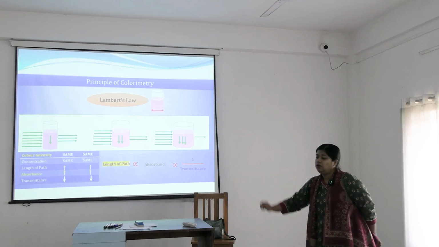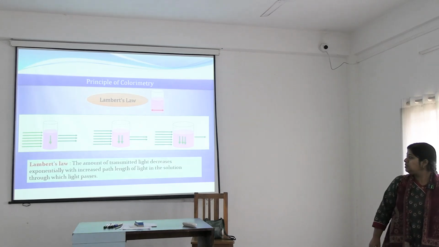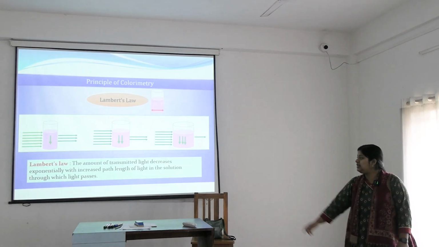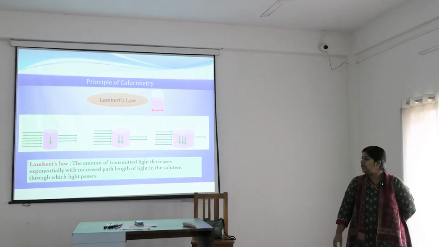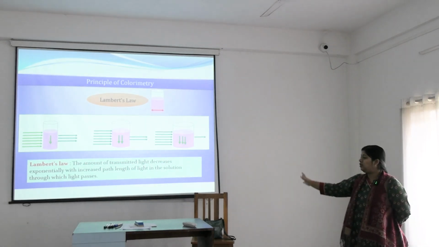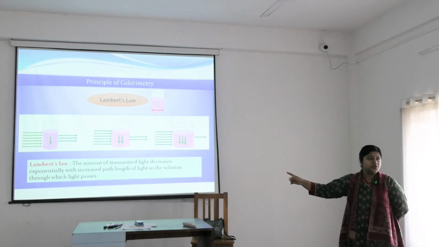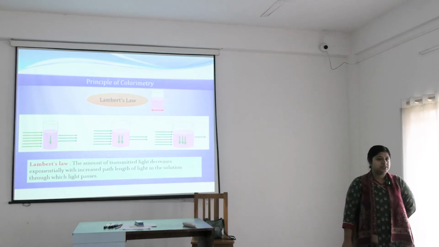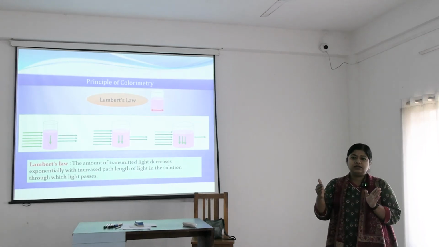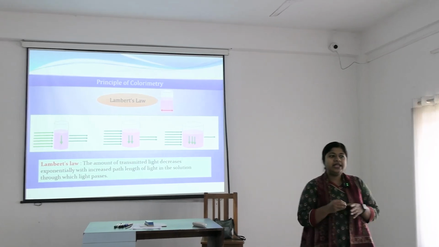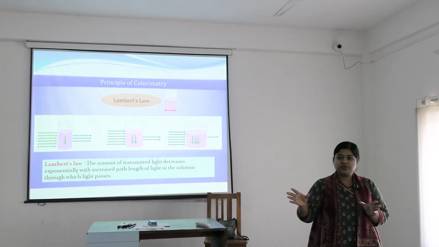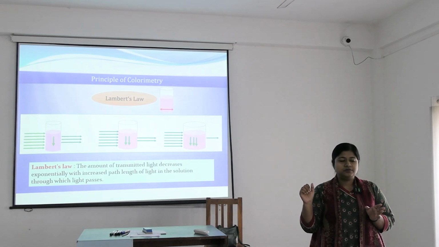So here what happens in Lambert's law? Lambert's law states the amount of transmitted light decreases exponentially with increased path length of light in the solution through which light passes. Okay, if the test tube diameter increases, the light transmitted through the solution will be decreased. Clear?